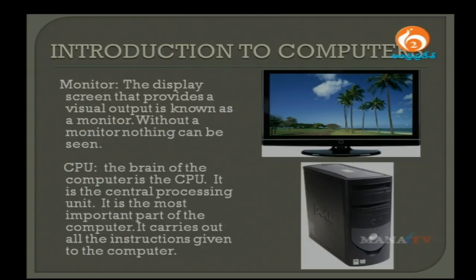So when I talk about the CPU, yes, it is the brain of the computer. What is the brain? The brain is something which operates your body, if I am not wrong. So when I am talking about the computer, the brain of the computer is your CPU. And what is the definition of CPU? Central processing unit.